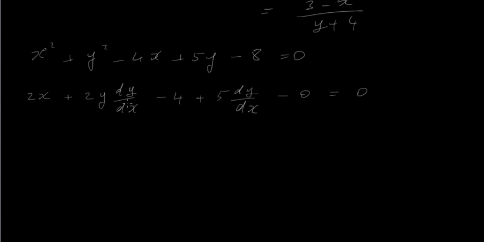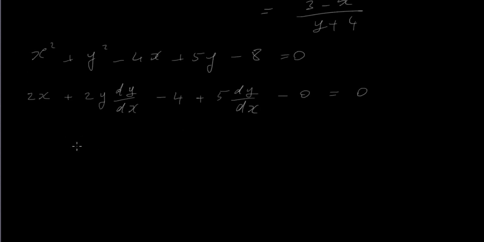Okay, so let's look at this. We've got a dy/dx here and a dy/dx here. So I'm going to have to factorize these two to isolate the dy/dx, and I'm going to take this 2x and the minus 4 and bring them over to the other side, or subtract 2x, add 4 to both sides.